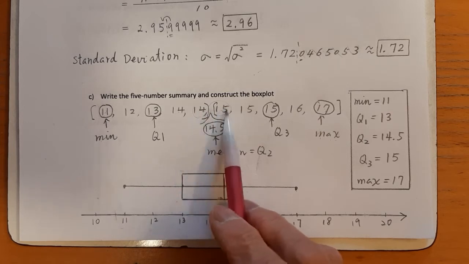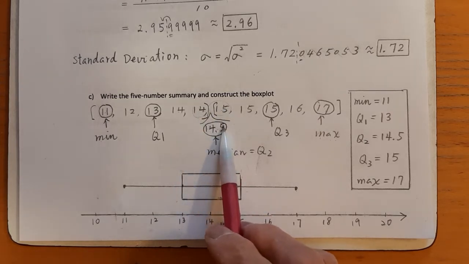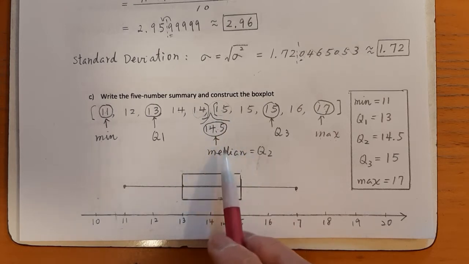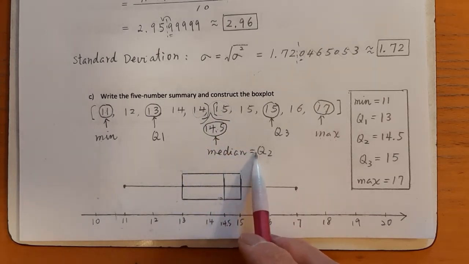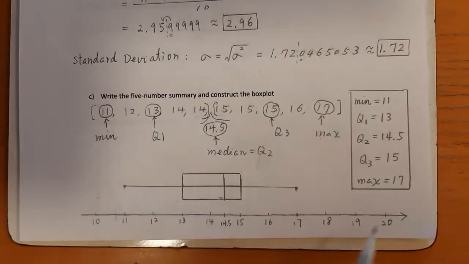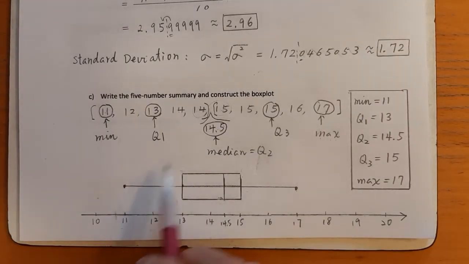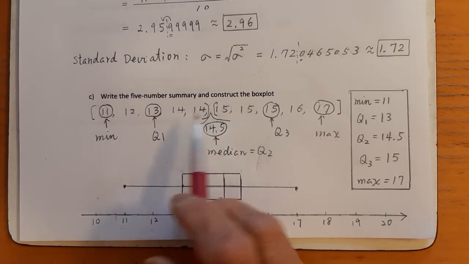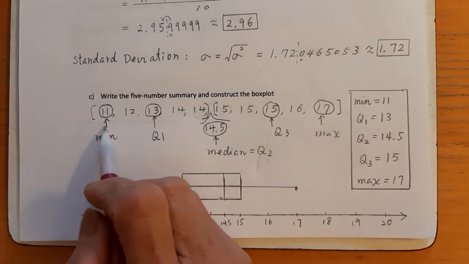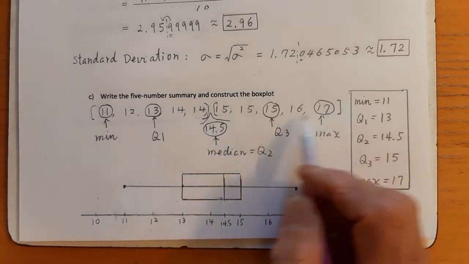You add together and divide by 2 to get 14.5, right between 14 and 15. We call this the median. The median is also called Q2, the second quartile.